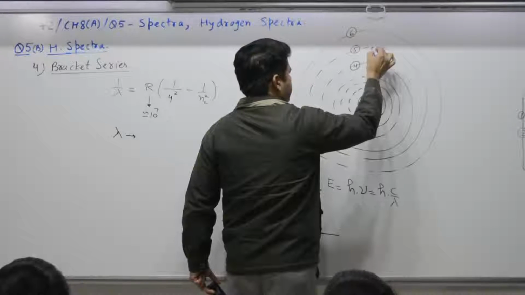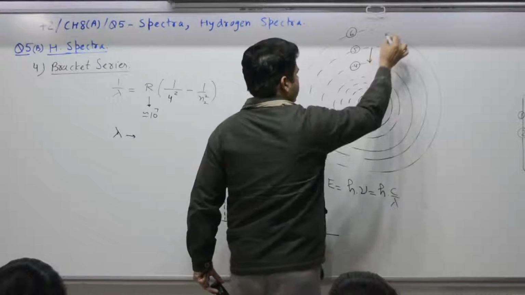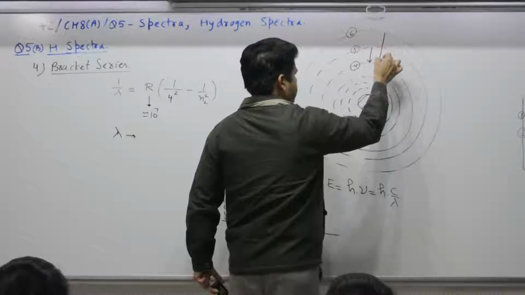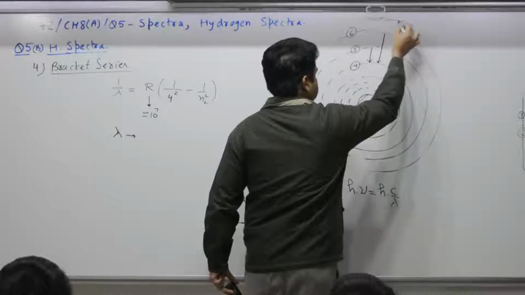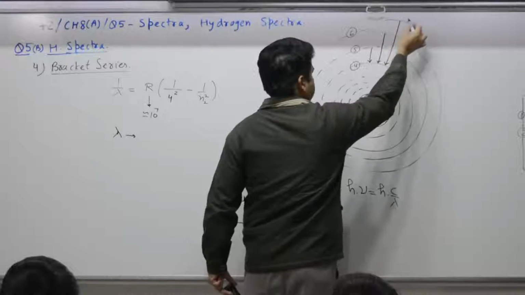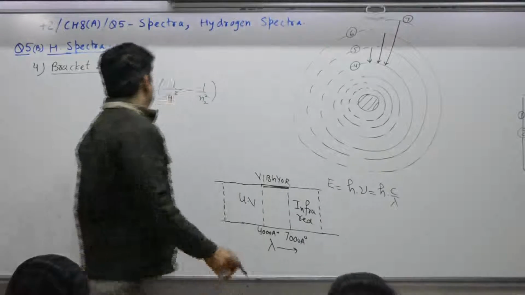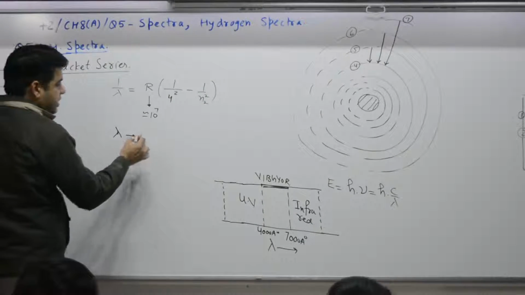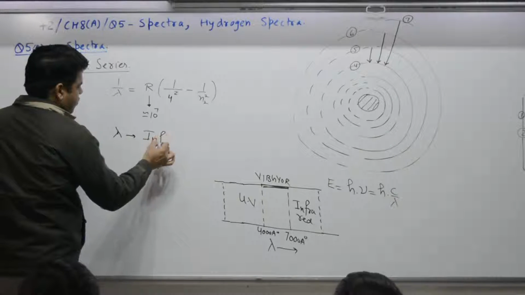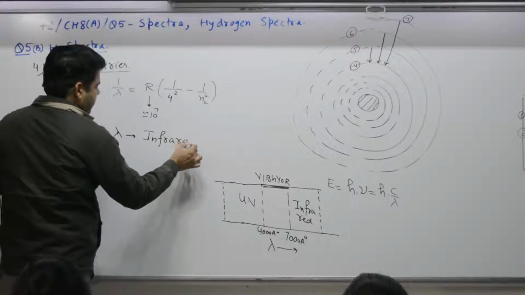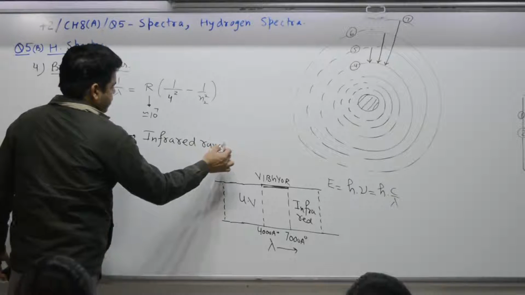Jump is to the fourth level. Fifth to fourth, sixth to fourth, seven to fourth. The range is, it also falls in the infrared range. Draw the diagram, 2 minutes.